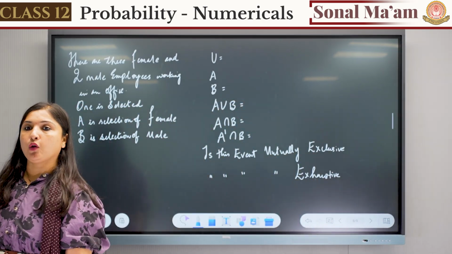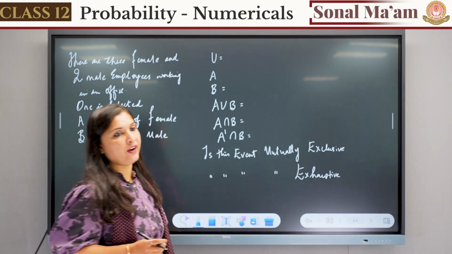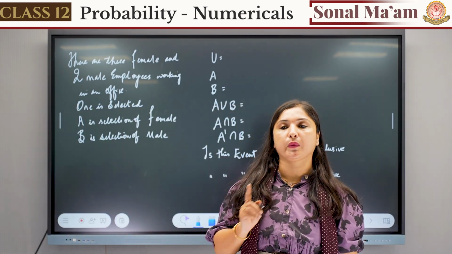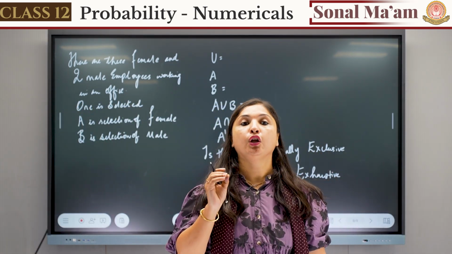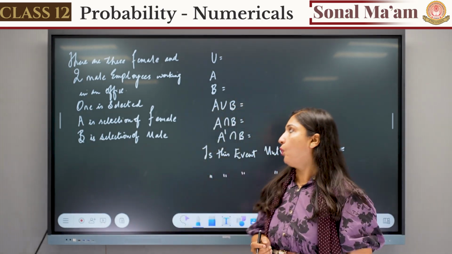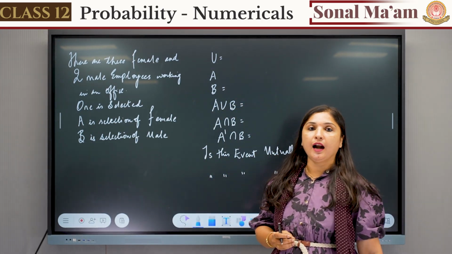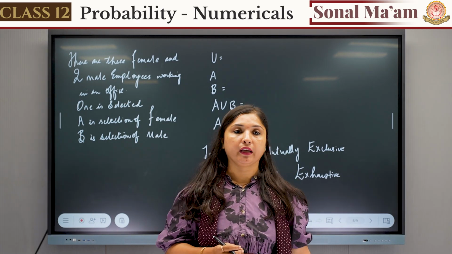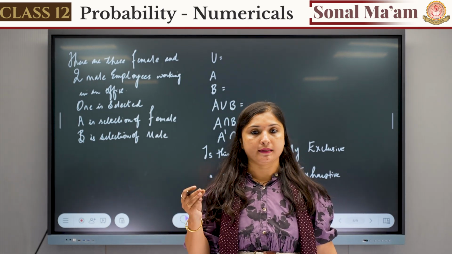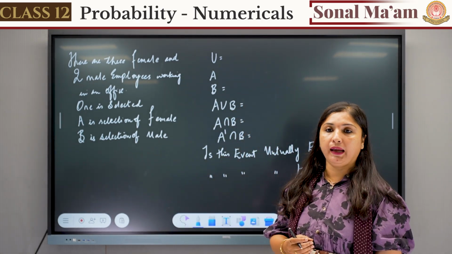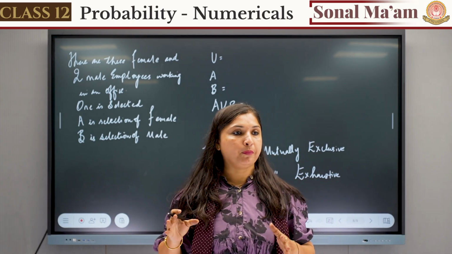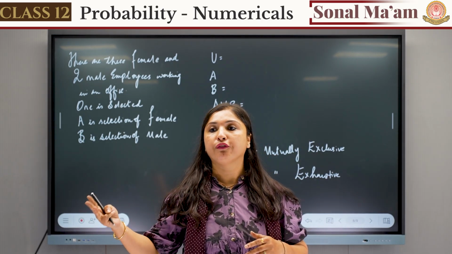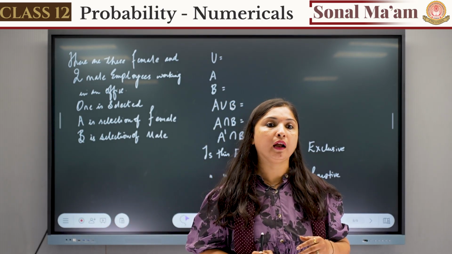First of all, whenever a question is given to you, you have to find the sample space. First concern will be to find the sample space. What is this question? In an office, 5 persons are working, 3 are female and 2 are male.